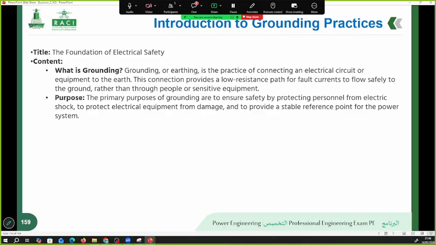This is a deliberate and well designed path, distinct from the normal current carrying conductors. So the primary purposes of grounding are multi-faceted and crucial for the reliable and safe operation of any electrical system.